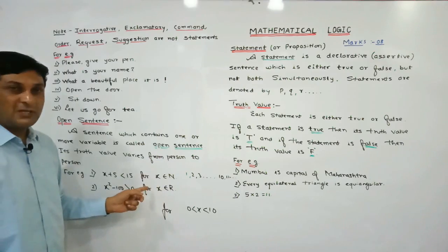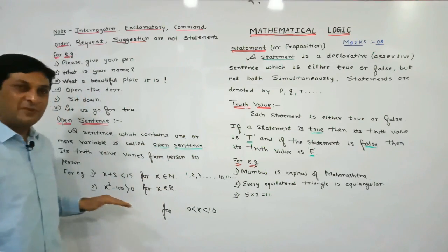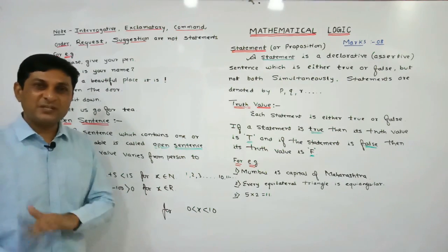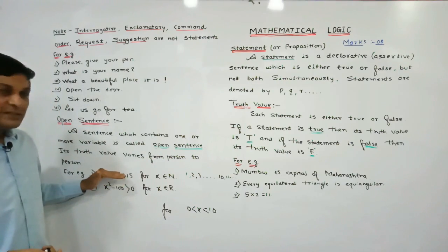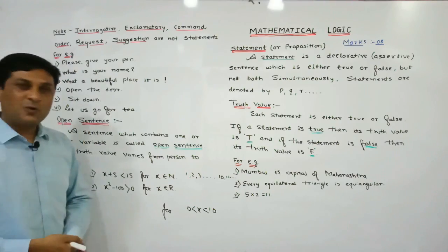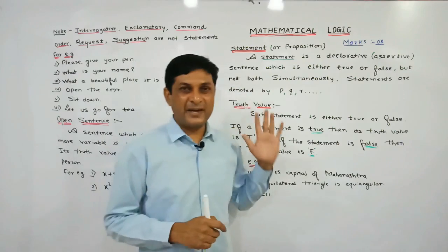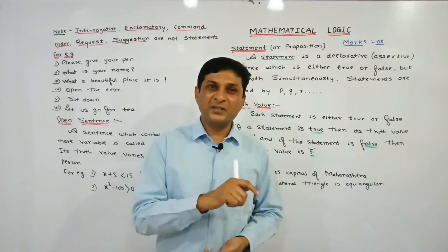They are told that x takes the values on the whole real numbers. So for some real number it is true, and for some real number it is what? False. So that's why truth values are varying, so we can say that it is an example of what? Open sentences.